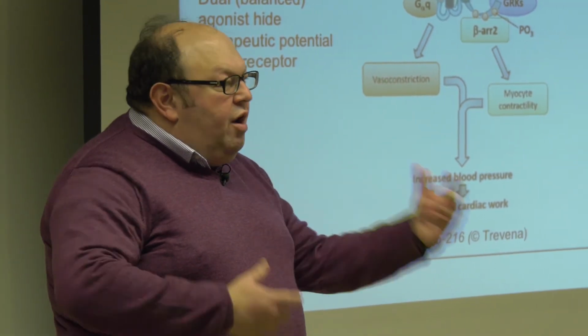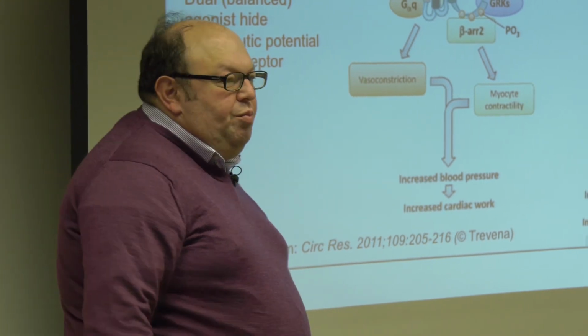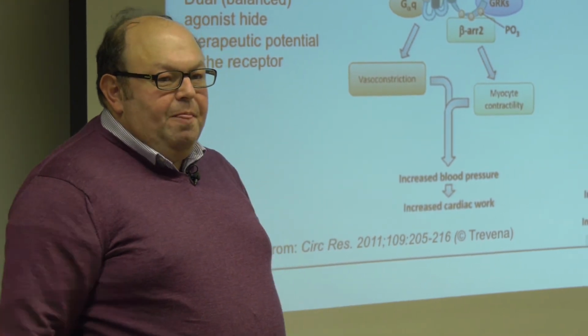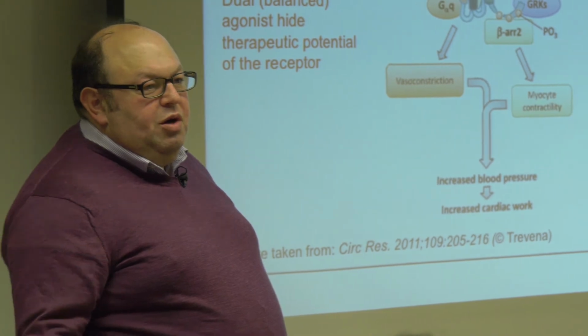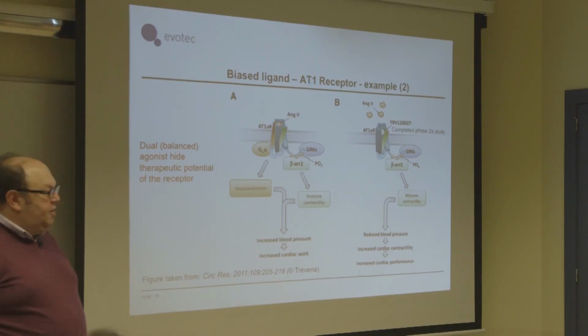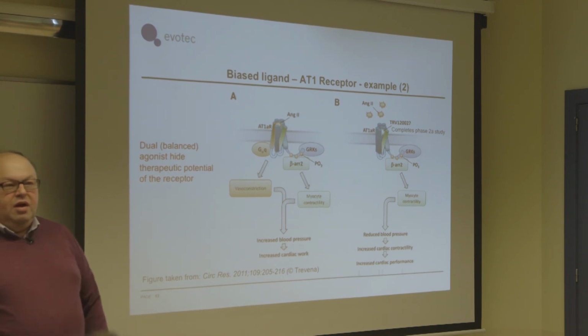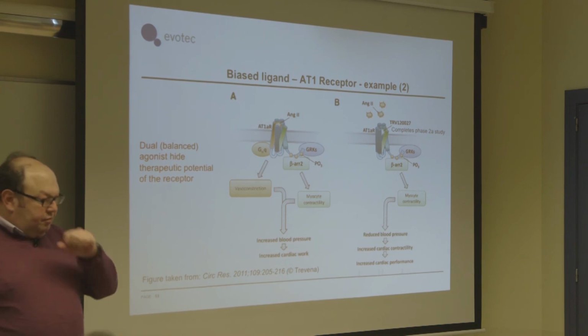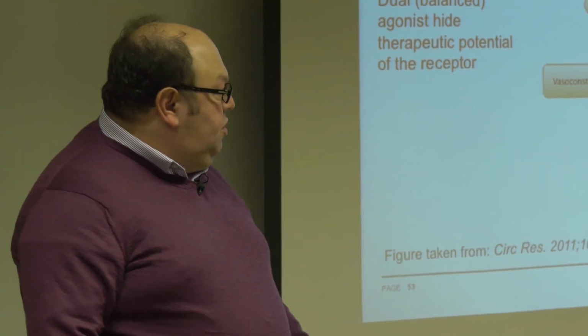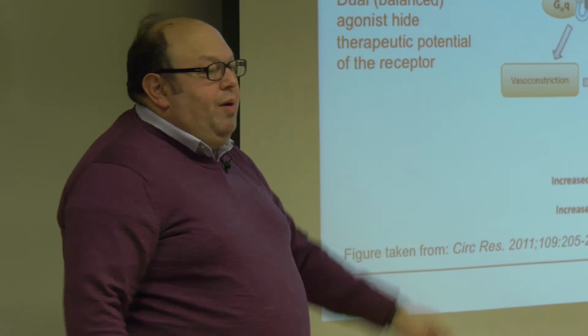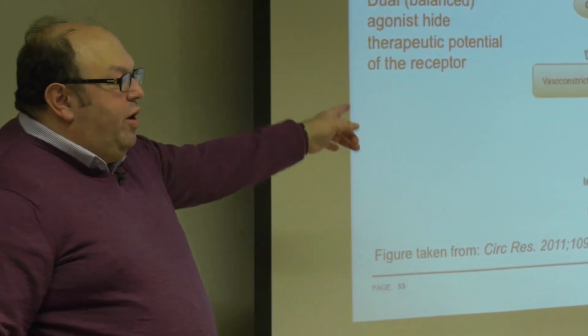People developed drugs against the angiotensin receptor, but didn't understand how it even worked because of this double signaling. So this is something completely new, and we still don't have computational technologies to generate those biased ligands that will have only one signal.